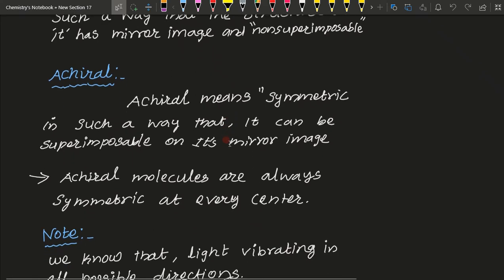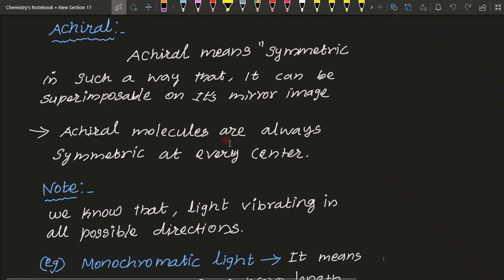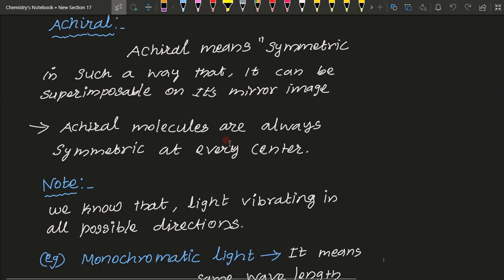Achiral molecules are always symmetric at every center, but asymmetric molecules are not like this.